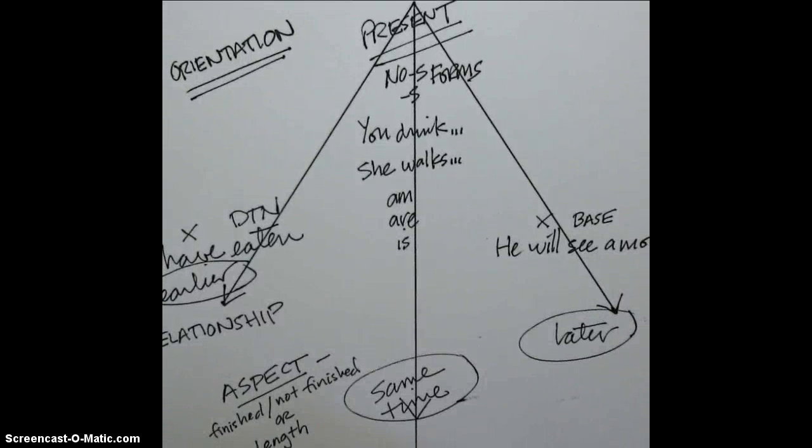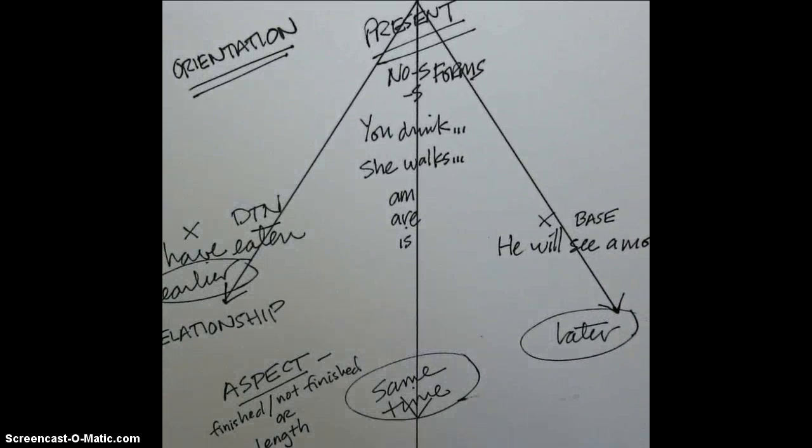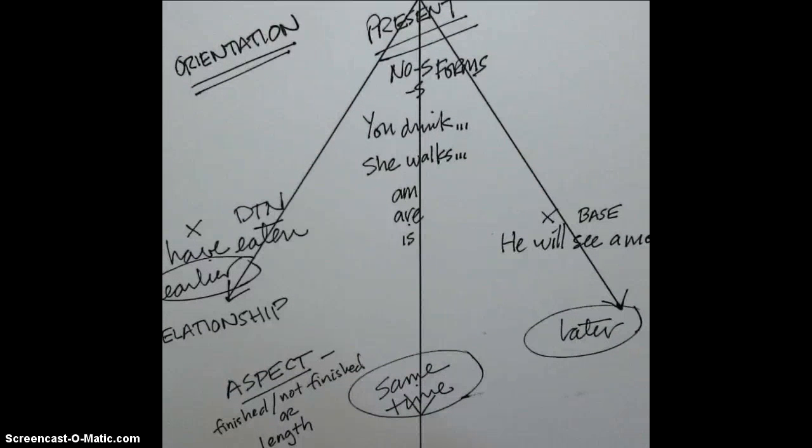And when we say the action has length, it doesn't necessarily mean that it's a long action. We just mean that we can feel that there's a beginning and an end to it. The action has some kind of a duration.